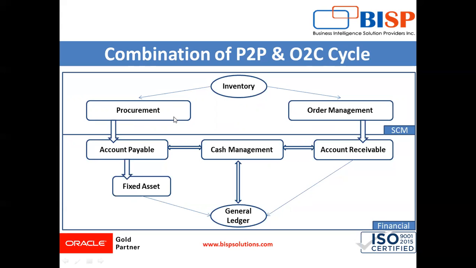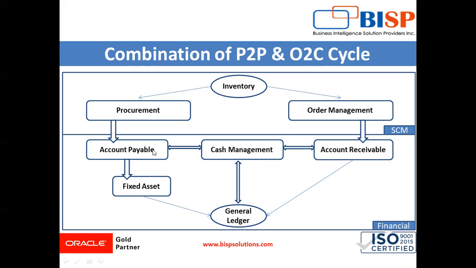Whenever the organization receives the material, they record the goods receipt note, we call it GRN, and if required they will perform a purchase return. The purchasing department passes the goods receipt note information to the accounts payable application. Here the accounts payable application will create the purchase invoice and make the payment to the supplier.